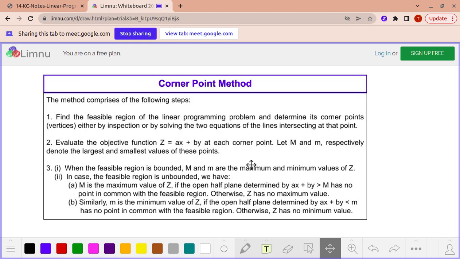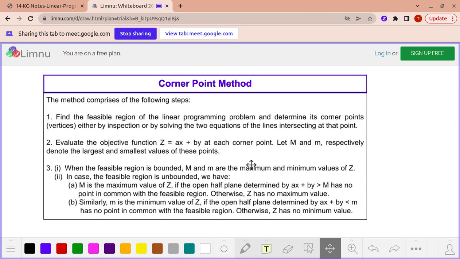So these are the steps of the corner point method. Dear students, first I want to briefly describe this method, and after that we will solve some problems. When we solve some problems, you will get exactly how this works, and if you revert back to the method, the steps, you will completely realize.